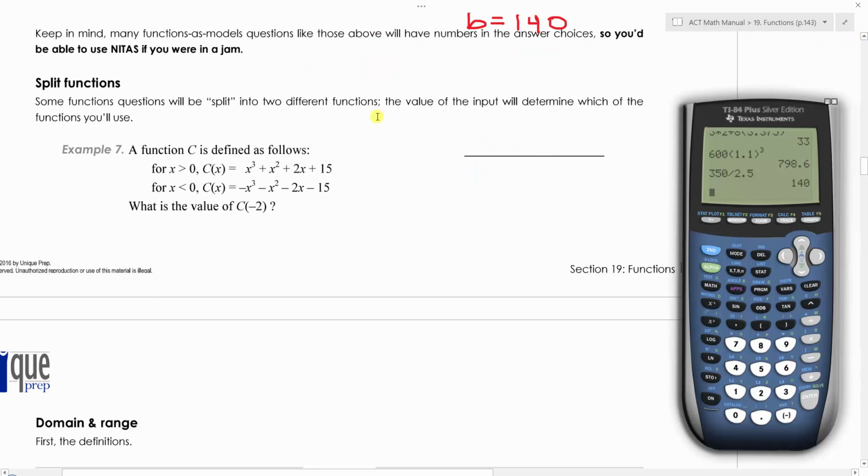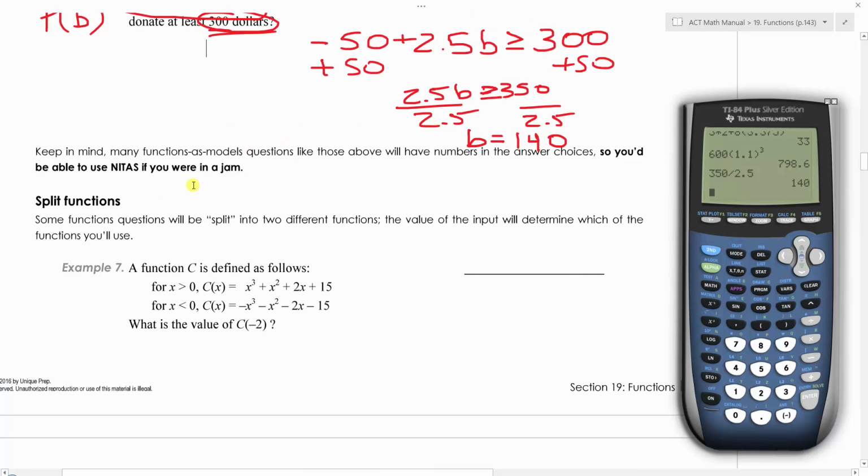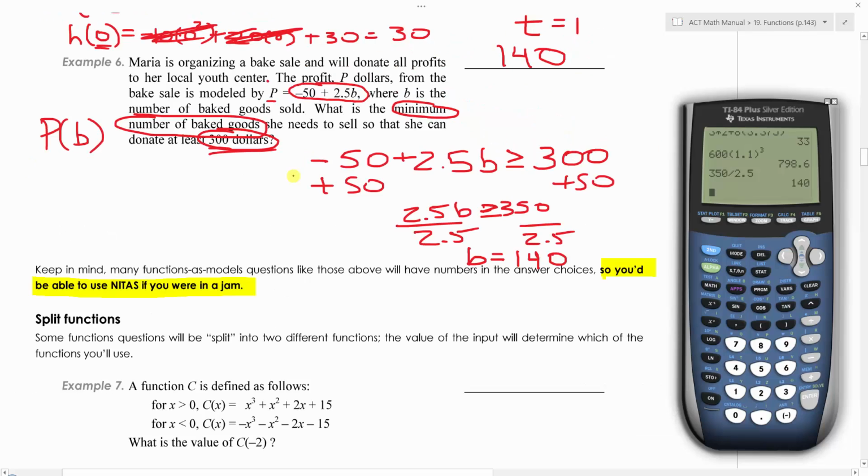So next, one little note. This is actually an important, comforting note. On a lot of these questions, like the ones that we just did, these functions as models questions, there will be numbers in the answer choices.